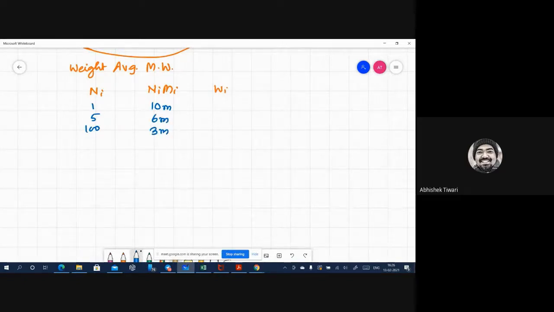Okay. So now how do I calculate Wi? Wi will be NiMi divided by summation of NiMi. So what am I doing here? I'm dividing each chain's contribution by the total mass of the system. So that is what I call weight fraction.